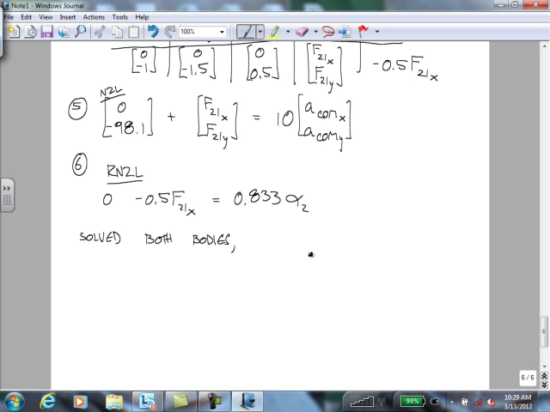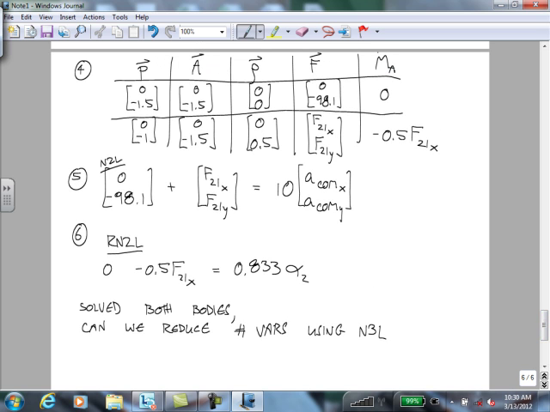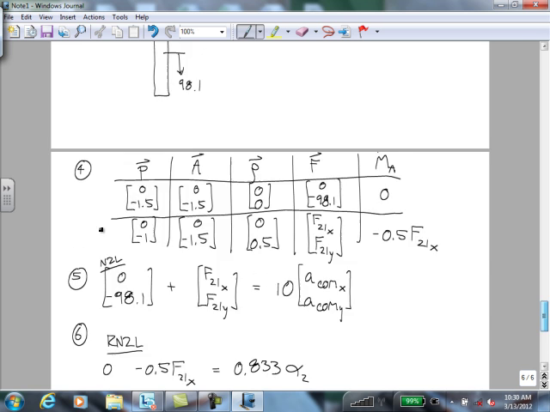Can we reduce the number of variables using Newton's third law? Well, the question is, are any of these just flipped versions of things that we already have in our list of variables? And yeah, F21 is just equal to F12.